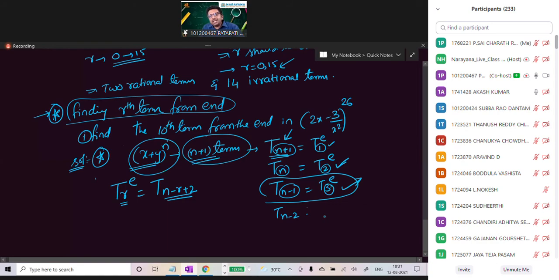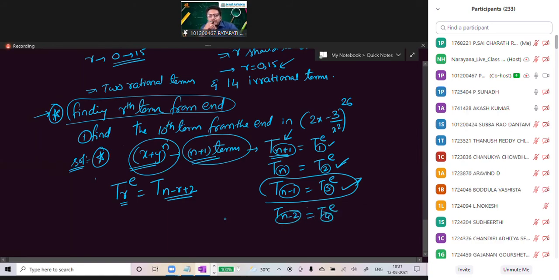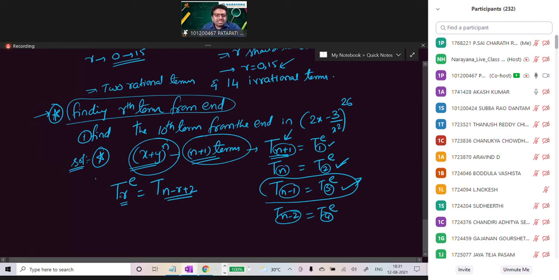So if you see the pattern, this plus this is always equal to n plus 2. So what is Tr from the end? It is T(n minus r plus 2) from the starting. Is it okay? Yes, sir. Understood.